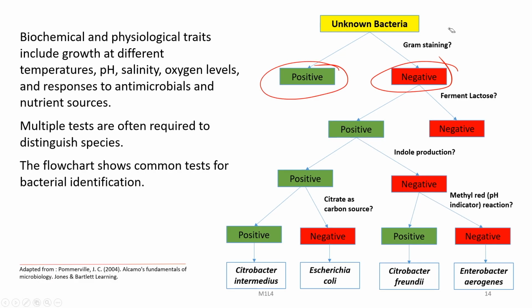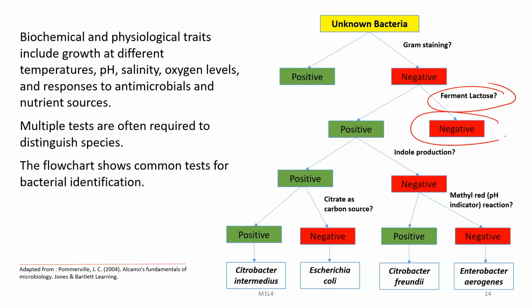If it is positive, we classify it as gram positive. If it is negative, we try to find out, does it, for example, ferment lactose. If the answer is no, we will stop there and take some kind of a decision. If the answer is yes, it can ferment lactose, we may go for testing another metabolite. Does it produce indole?